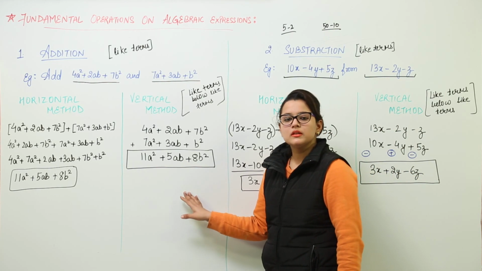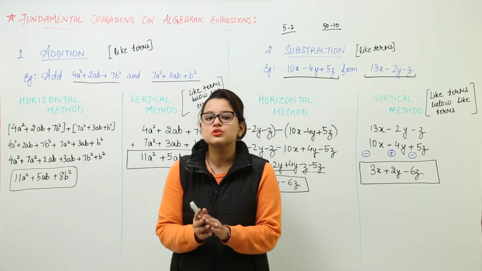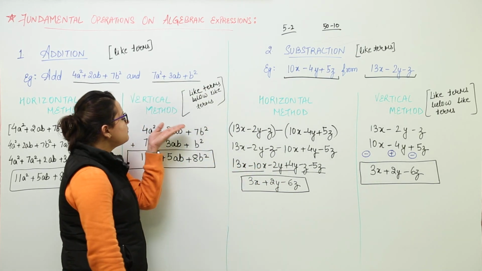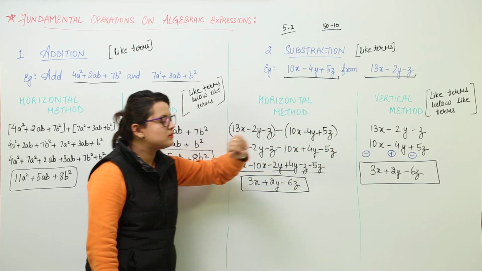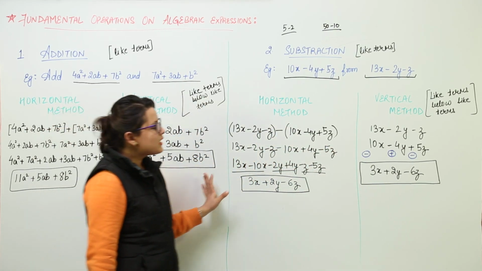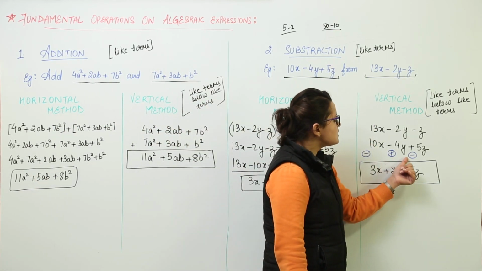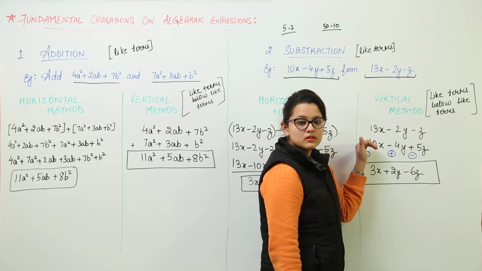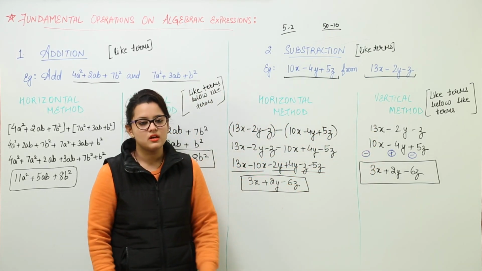Whereas in the vertical method, for both addition and subtraction, you have to make sure you are writing like term below the like term. In addition you simply add it up, whereas when you are doing the subtraction using the vertical method, always change the signs of the lower expression. Once you change the sign, you simplify it and write the answer.